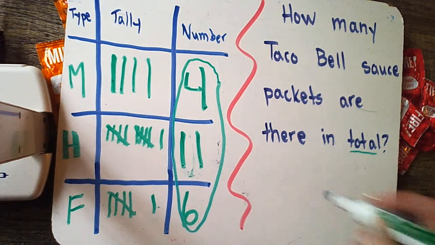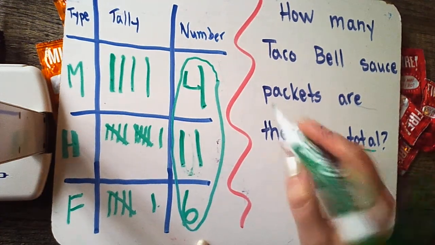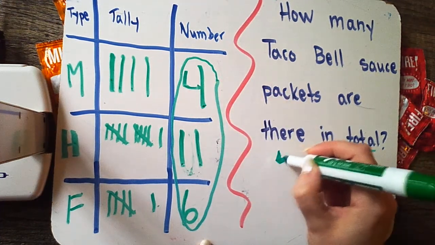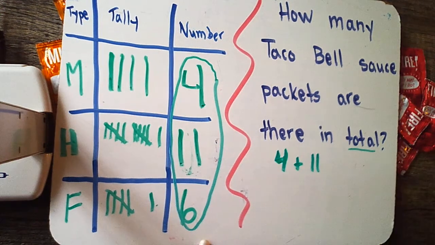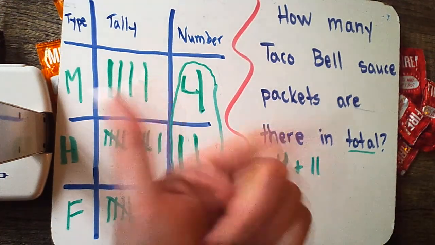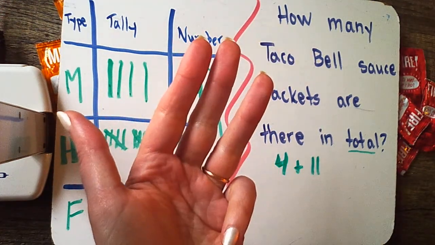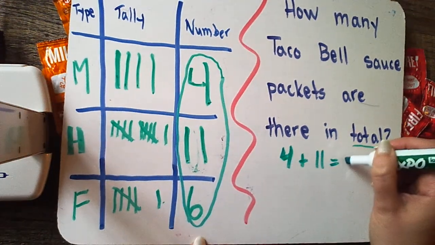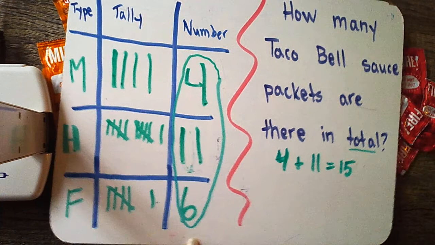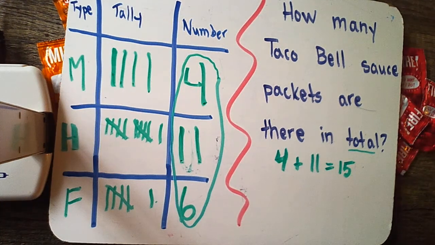Let's see what happens. Well, let's start with the mild and the hot. Well, 4 plus 11. Well, I could start with 11 and count on. 11, 12, 13, 14, 15. I started at 11, I counted on 4. 11 plus 4 is 15, or 4 plus 11, using the commutative property of addition.